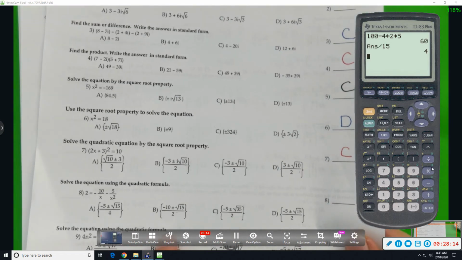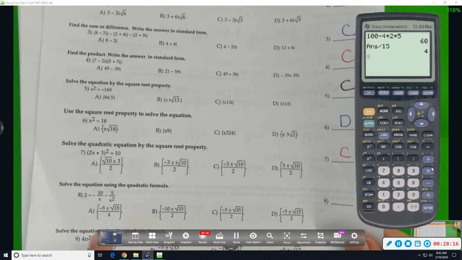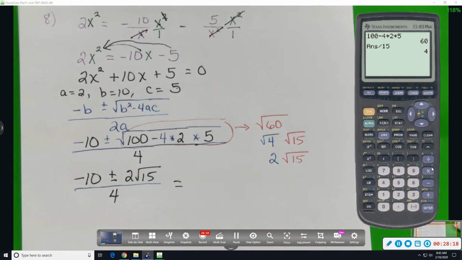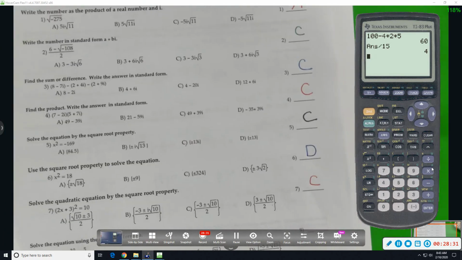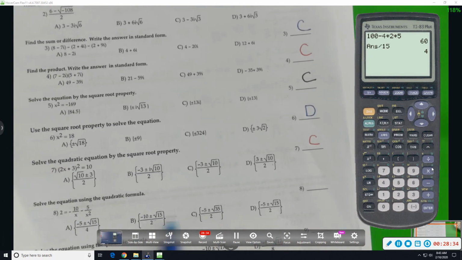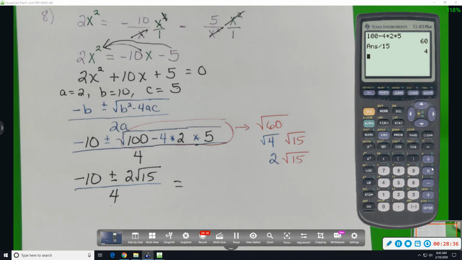That's not listed as an answer choice. Okay, we are not finished. Well, for simplifying a fraction like that, you can break it up if you want, but that's going to get you 2 fractions, and the answer choices are all written as just one big fraction. So how do I simplify these? Well, look at the 3 numbers that aren't under the square root: 10, 2, and 4. What can I divide those by? 2.